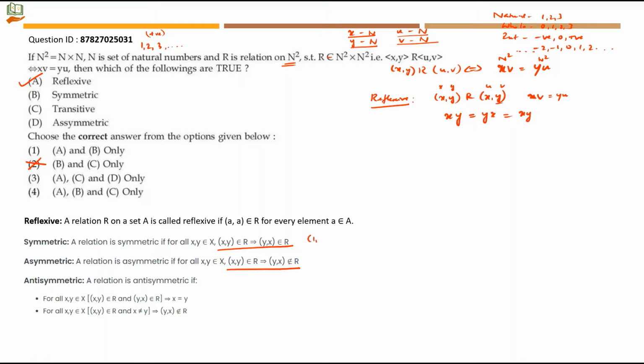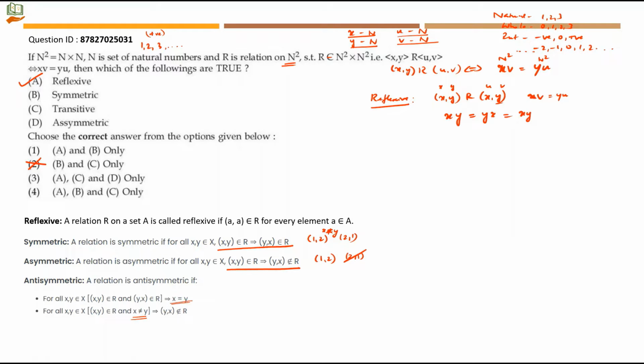So if I take 1 comma 2, then 2 comma 1 must also be a part of R. But in asymmetric, if I say 1 comma 2 belongs to R, then 2 comma 1 will not belong to R. This is asymmetric. Then what is antisymmetric? Here the case is x and y are not equal. In case x comma y and y comma x both belong to R, the antisymmetric property states that x must be equal to y. So what happens if x is not equal to y?